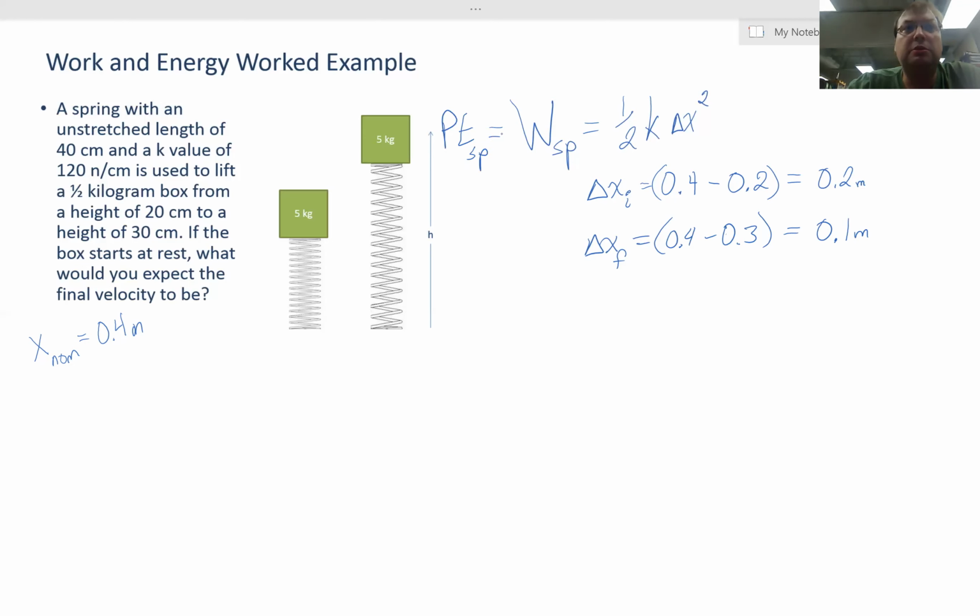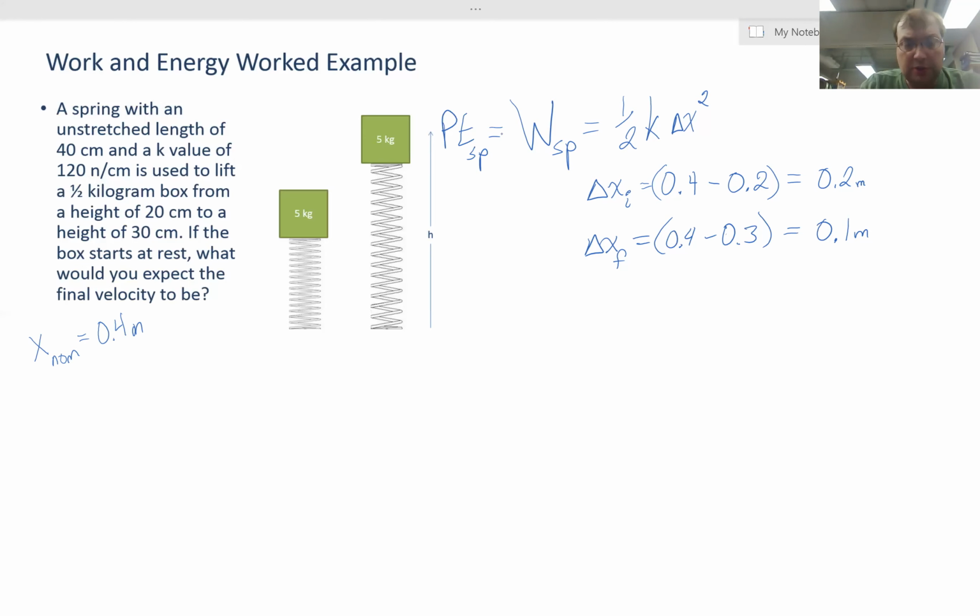The potential energy or work that a spring can do is 1/2 its spring constant multiplied by the length in comparison to the nominal length, squared.